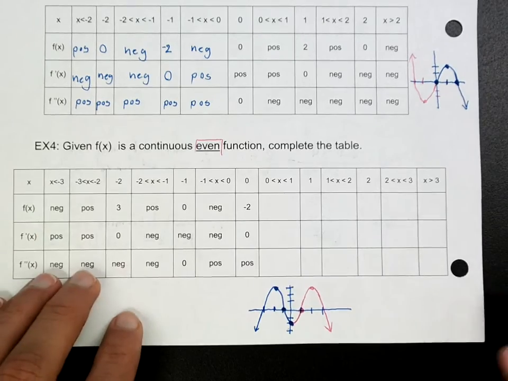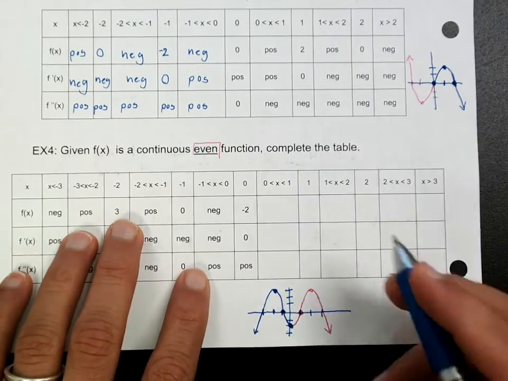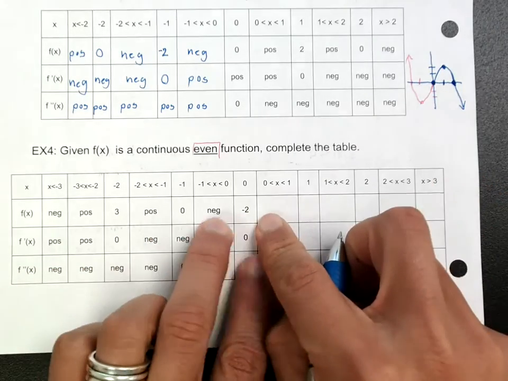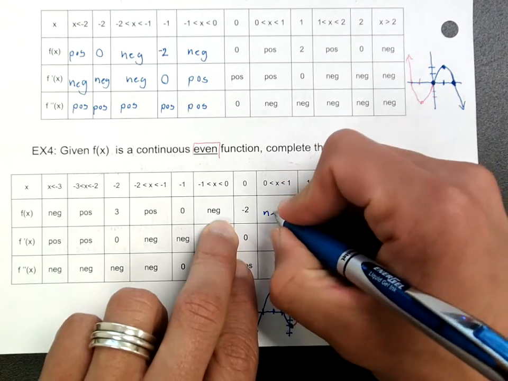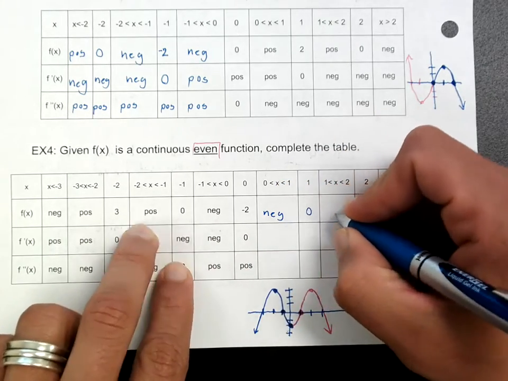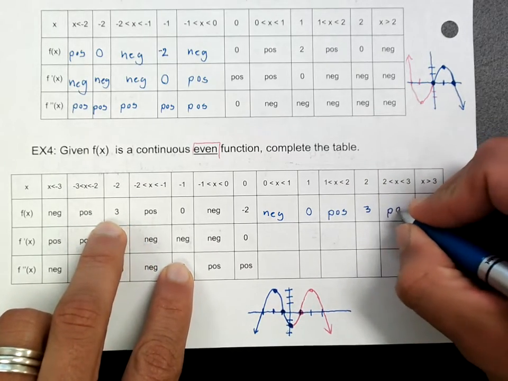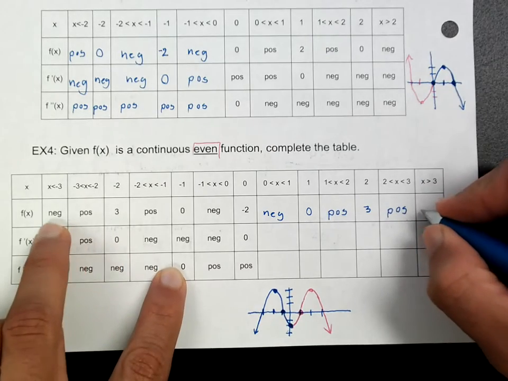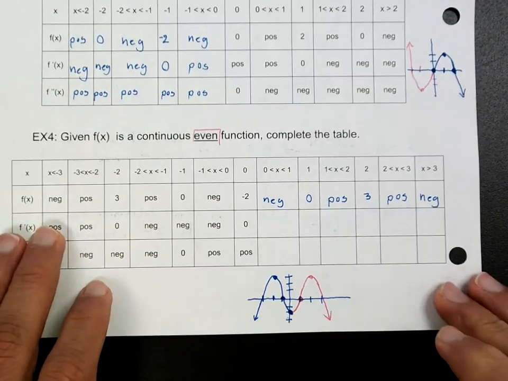So notice again, this is going to be exactly the same, right? Because that's a mirror image. So right here, just do it from this side out. So we're going to have a negative here, or you can just look at the graph. We have 0, positive, 3, positive, and then finally negative. Okay, so that's what we got.